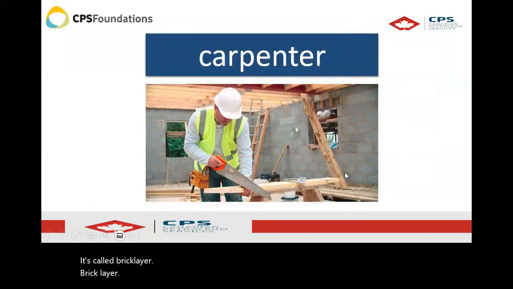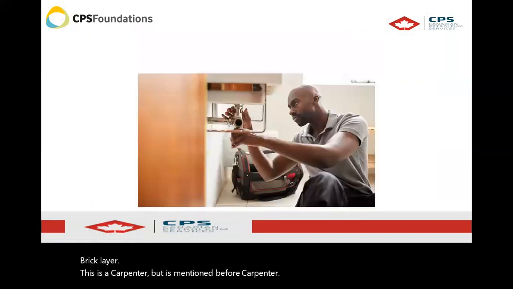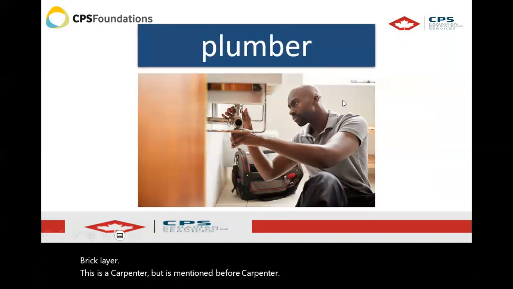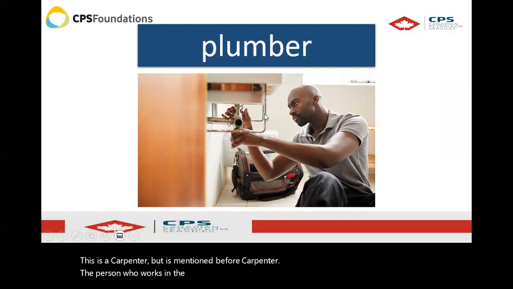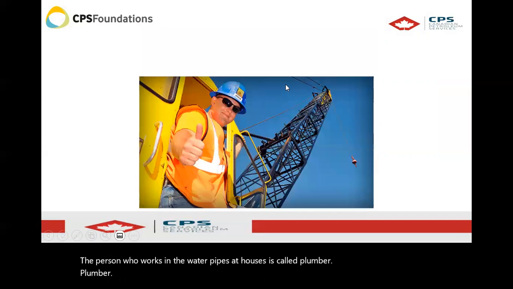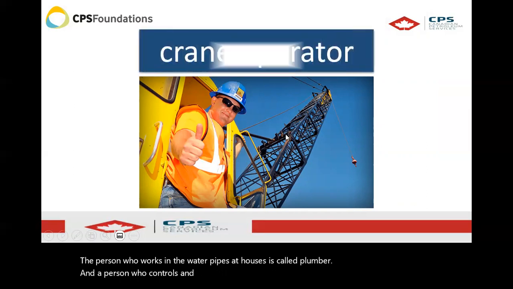This is a carpenter that is mentioned before. The person who works in the water pipes at houses is called plumber. And a person who controls and operates cranes is called crane operator.